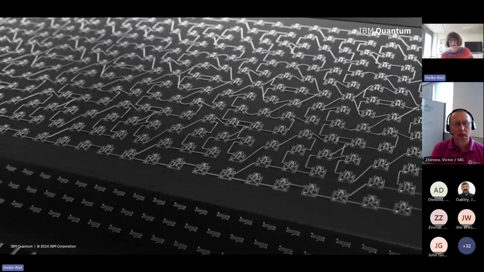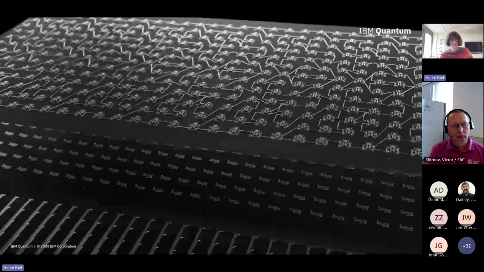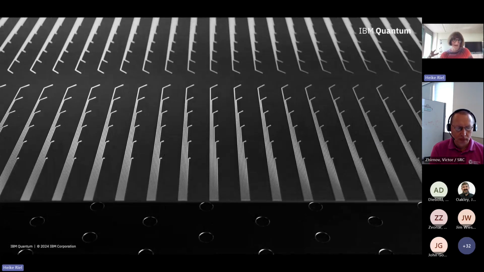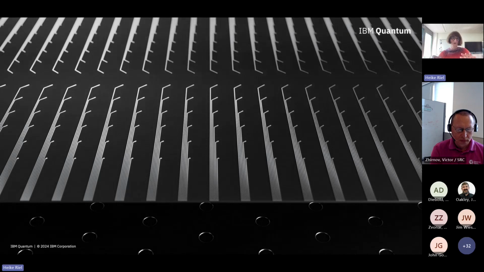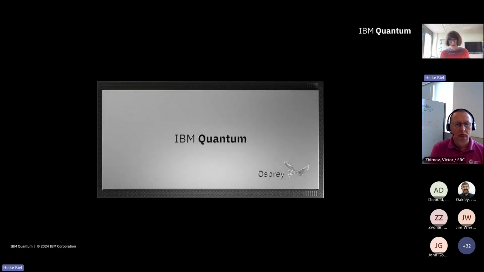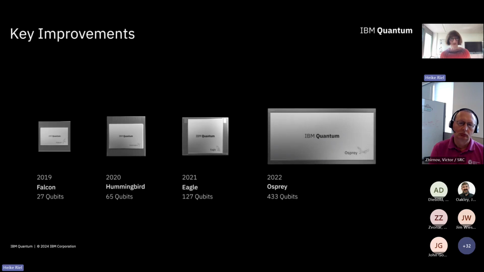What you see here is that with increasing the number of qubits, you also need to move to 3D packaging, because you can no longer wire all the qubits in one plane. Therefore, going to 3D and packaging is also a very important component. What you see here are some of the chips which we have developed and demonstrated over the last couple of years, from 2019 on, starting with 27 qubits.